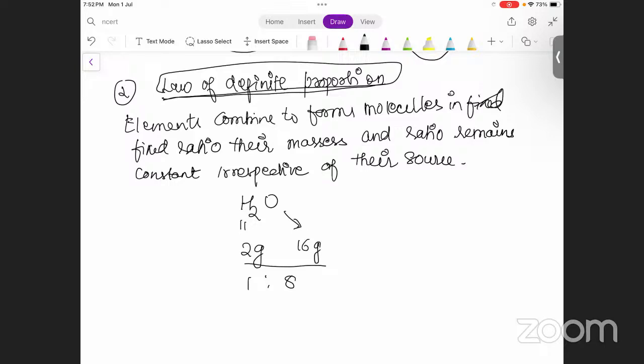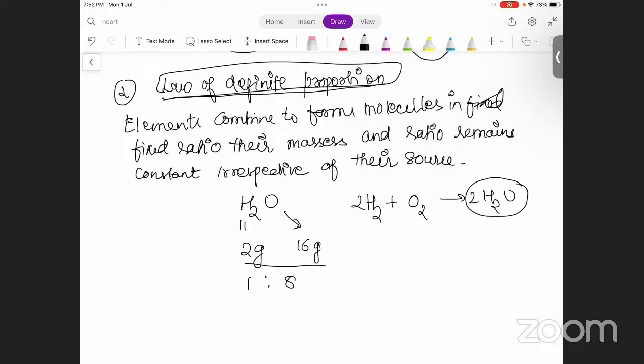Now let's suppose I bring this water from the sea, or let's suppose I am forming water in the lab by the reaction of oxygen with hydrogen, by passing an electric discharge through these gases, hydrogen and oxygen. Then in that case also I am going to get water.